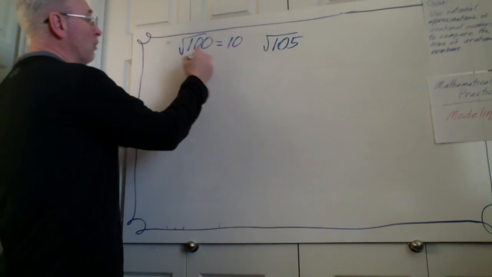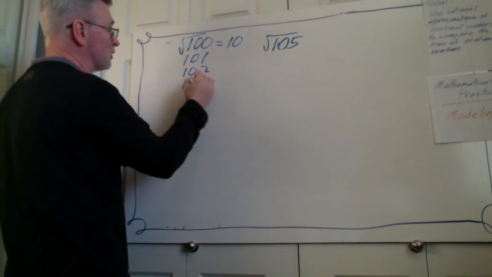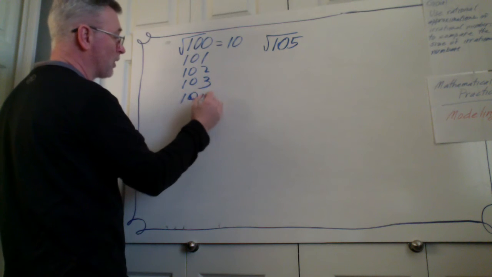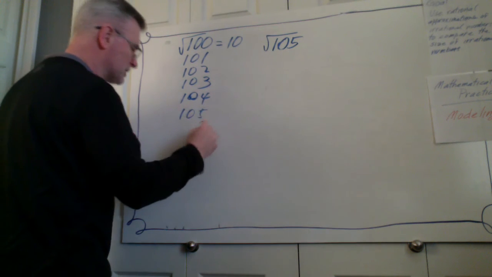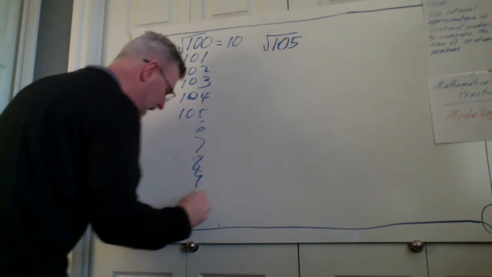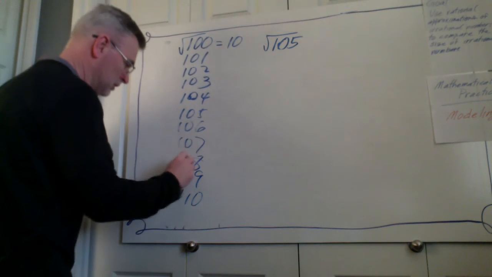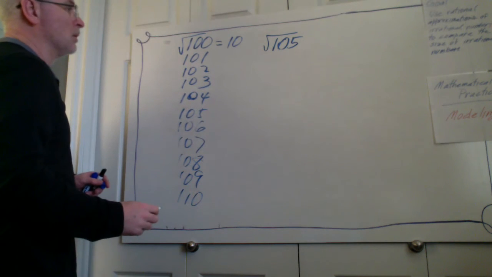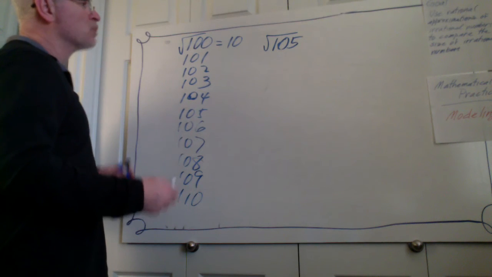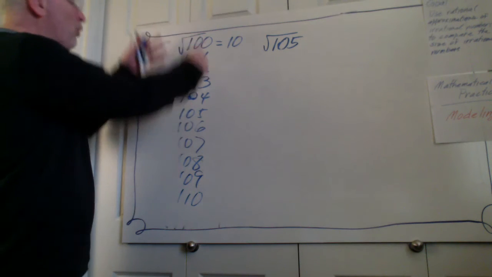And then we've got 101, 102, 103, 104, 105, 106, 107, 108, 109, 110. What's my next square? It's 121. So I've got to go all the way to 121.